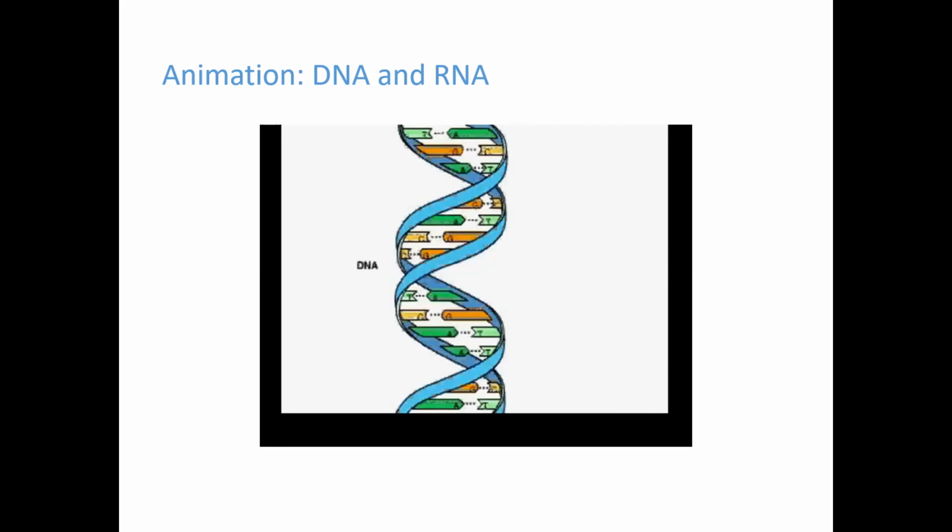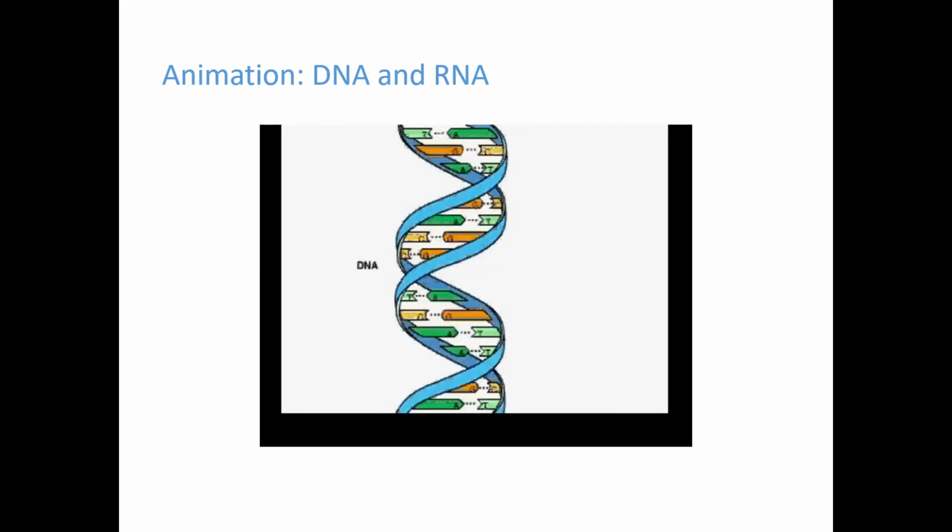Some genes may have very long orders for a protein with lots of amino acids like hemoglobin, and some may be much smaller. But the order of the bases is very, very important. The order of the bases determines the order of the amino acids in the protein.